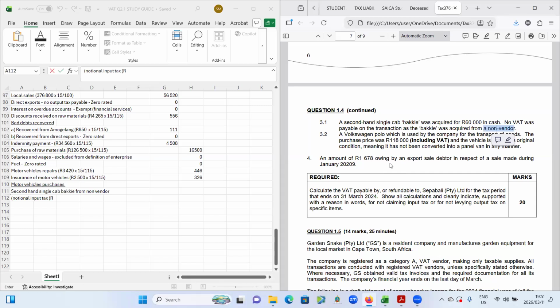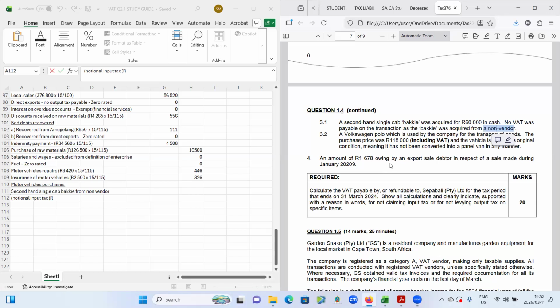If a non-vendor manufactures it himself, whether it's new or second hand, there is no VAT to be claimed.